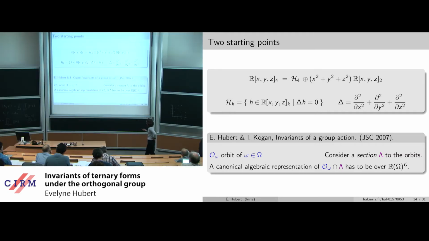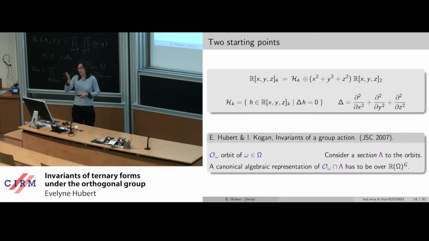And the other ingredient was this very general algorithm that computes a set of rational invariants for a group action. In this algorithm that I'm not going to describe, like in the moving frame, you introduce a section to the orbits. The choice of this section is quite free.